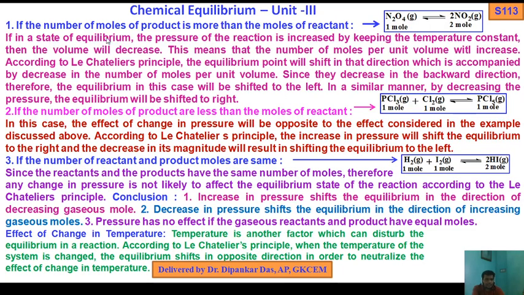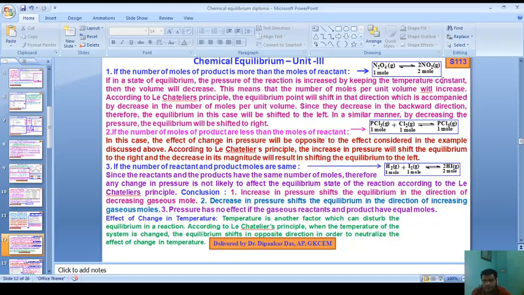If in a state of equilibrium the pressure of the reaction is increased by keeping the temperature constant, then the volume will decrease. This means that the number of moles per unit volume will increase.